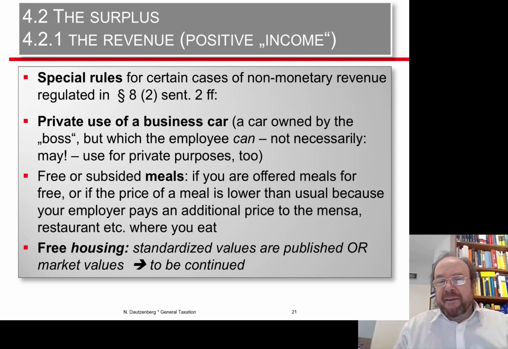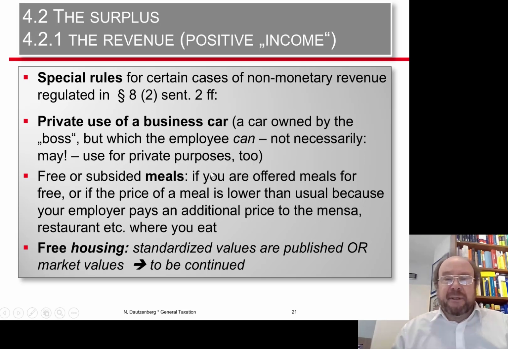And now you might think that's rather a low one, but if you imagine that 20 or 25 days in a month you can feed for a very small amount of money, or you get your meals for free, this is over the year a considerable difference to people who don't have that advantage, and so it should not be completely ignored, but that monetary advantage should be regarded as a part of your income.